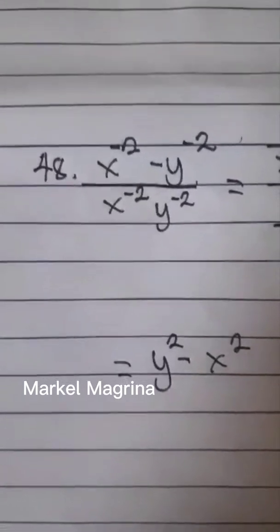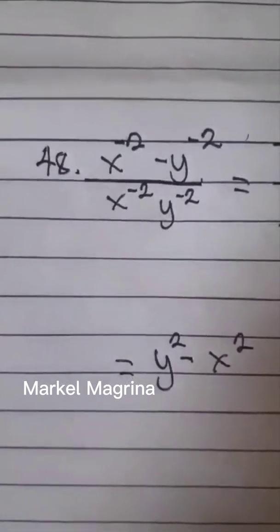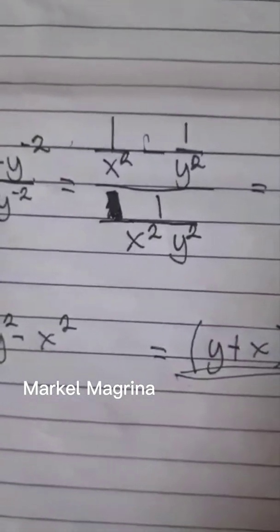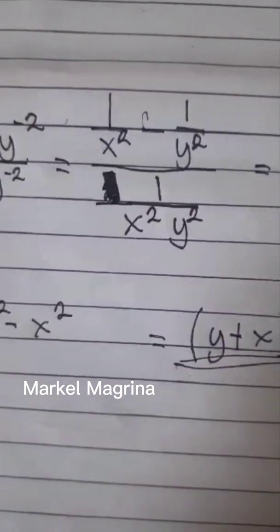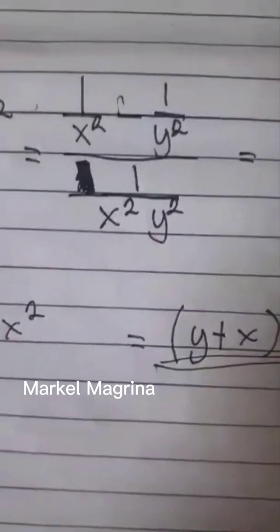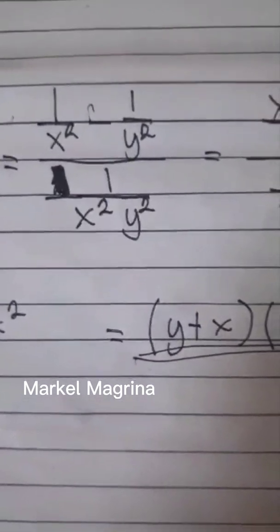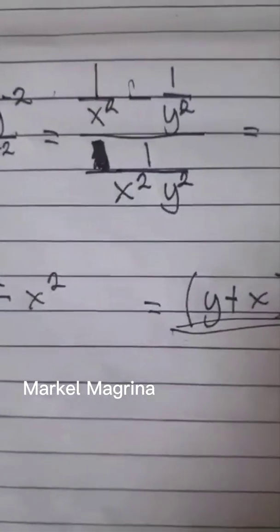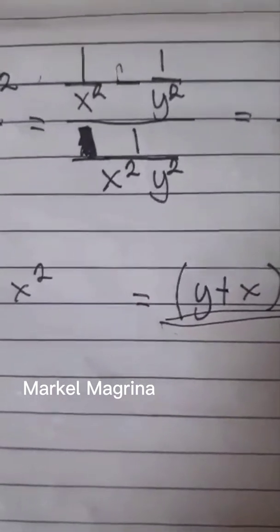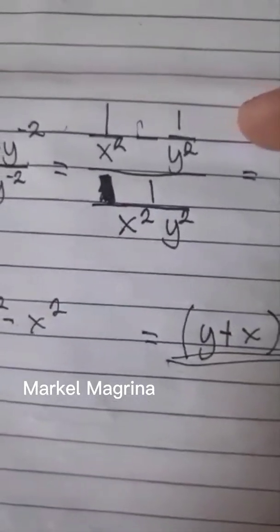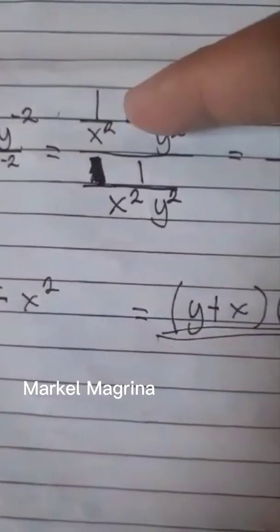So, first, make both the numerator and denominator into fractions, so that the negative exponents disappear. So the equation becomes 1 over x to the power of 2 minus 1 over y to the power of 2, over 1 over x to the power of 2 y to the power of 2. Since the exponents were negative, they now become positive. Next, we find the common denominator of the fractions.